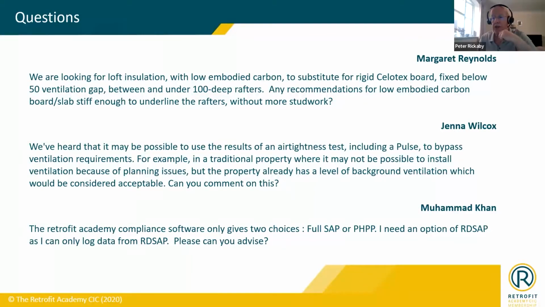And some of the RDSAP software providers have bits of software that help you do that by giving you extra questions that you can put the extra data in, like the window areas. So by all means, use RDSAP as a methodology for data collection, but as Alan said, for IOEs, you must use full SAP or PHPP.